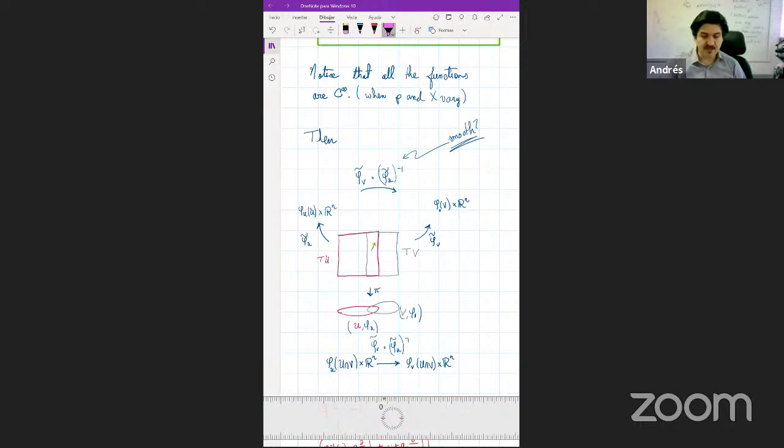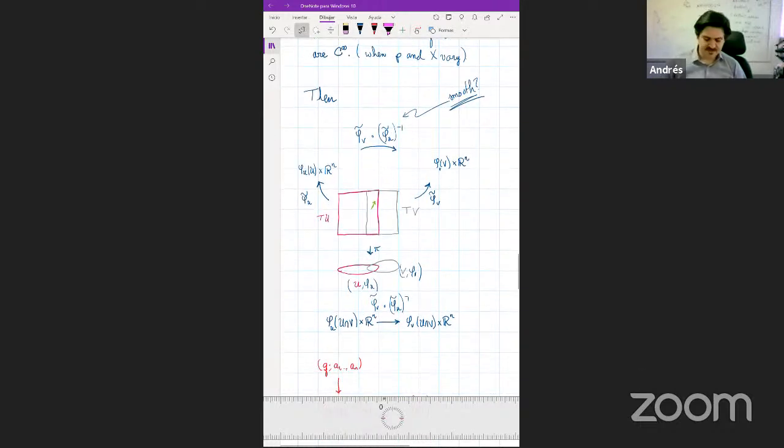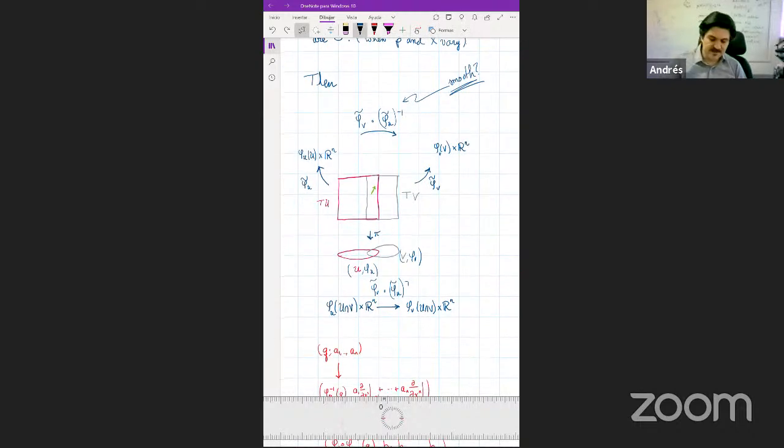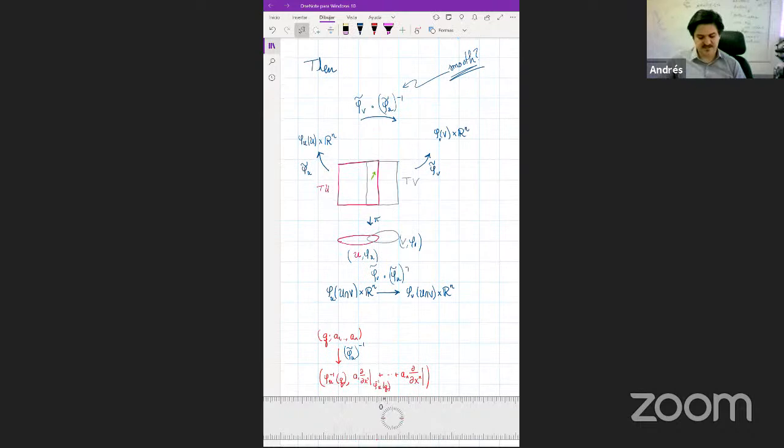And I have the computations down here. Take any element here, I would call it q, comma, the a's. And then here, I have phi U tilde inverse. It maps there, right?